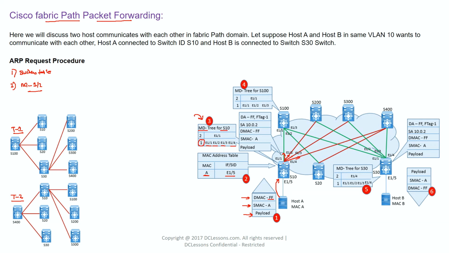Before broadcasting it, because it is a FabricPath domain, it will encapsulate it in a FabricPath header. So this is my original Ethernet frame, and over it, my Ethernet frame is encapsulated with an outer source address and an outer destination address.